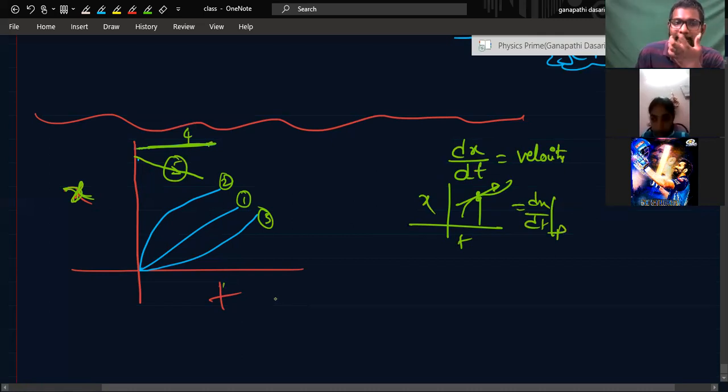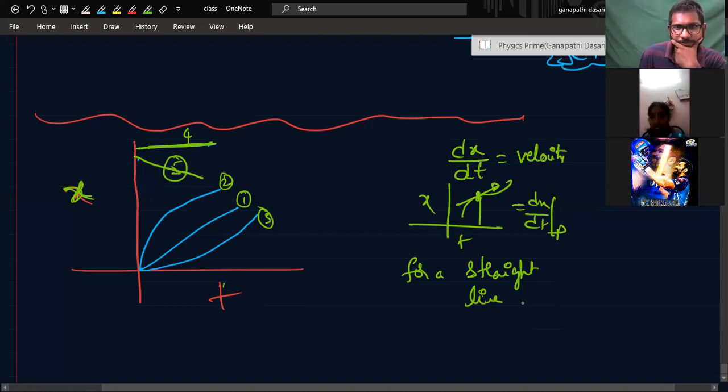Now, for a straight line, what is the slope? Dy by dx, delta y by delta x. That is equal to constant, isn't it?